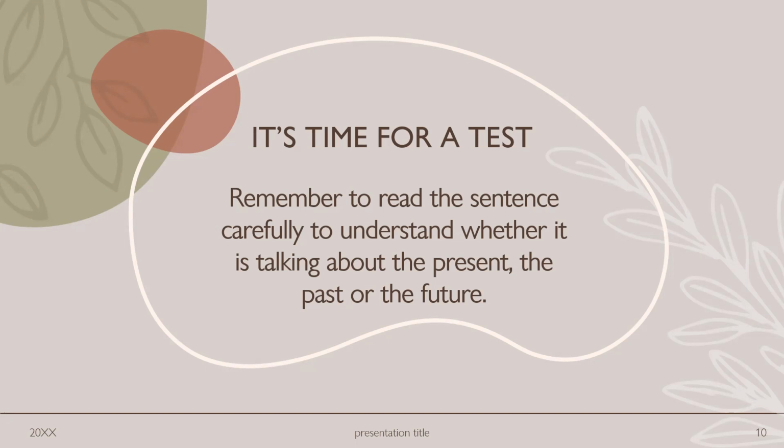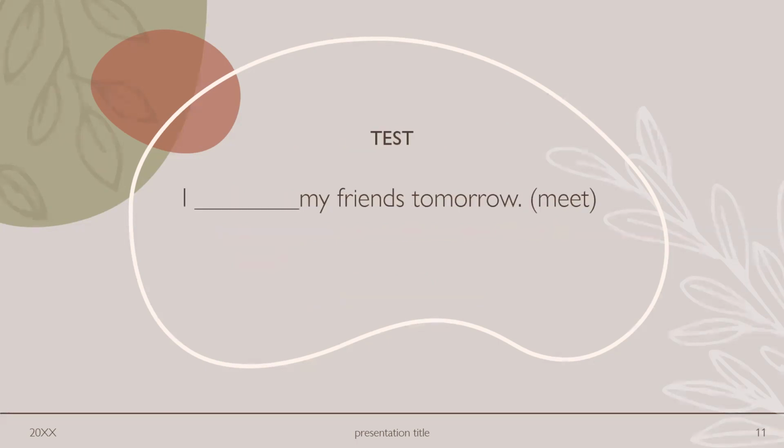Are you ready? Maybe you could keep a pen and a paper beside you so that you could write your answers down. Or let's go through it orally, that's fine too. I dash my friends tomorrow, and the verb is meet. Now look for the clues. I'm helping you with this test.